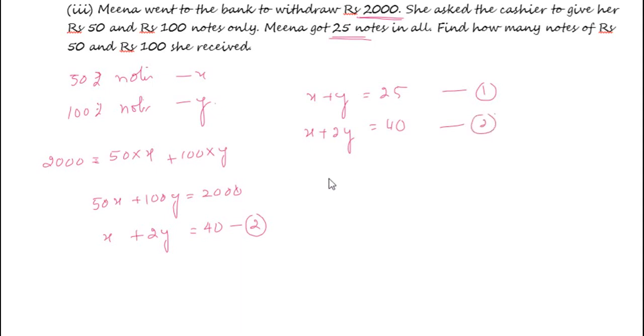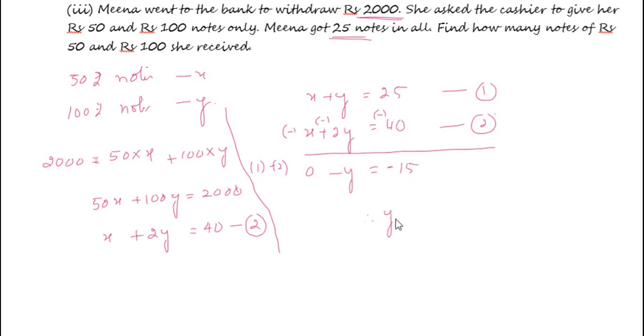So you subtract. Now 1 minus 2, if you do, x will be 0. This is minus 2y plus y, so that is minus y equal to minus 40 plus 25, so minus 15.